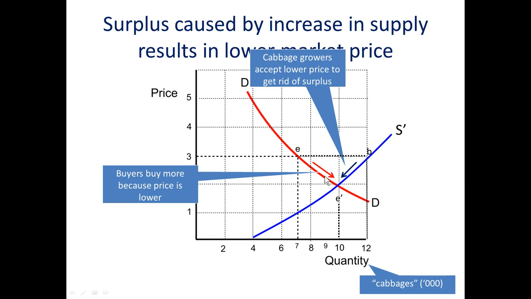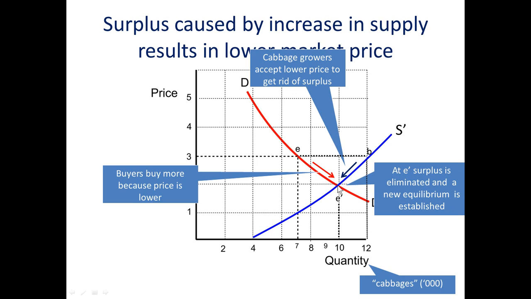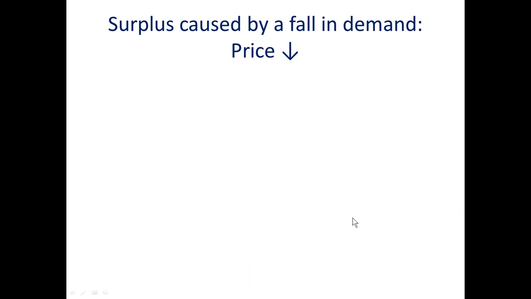And the surplus gets smaller and smaller until there is no surplus left and we get a new equilibrium. Now notice as well that the quantity traded in the market has changed, which implies that there's a reallocation of resources in the economy of land, labor, capital, and entrepreneurship that has occurred through this equilibrating process.